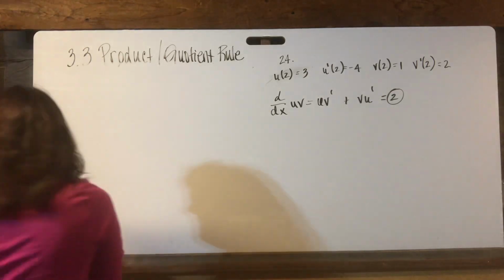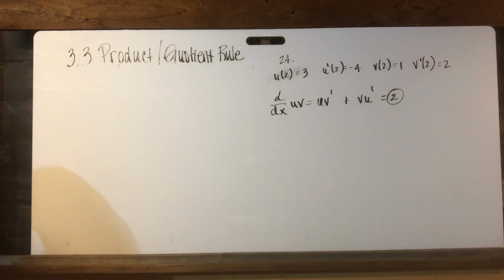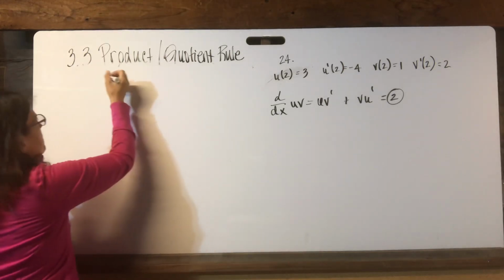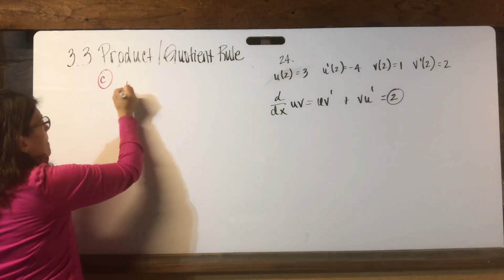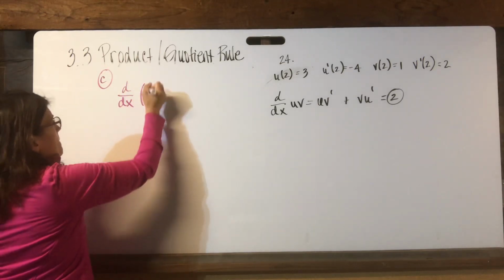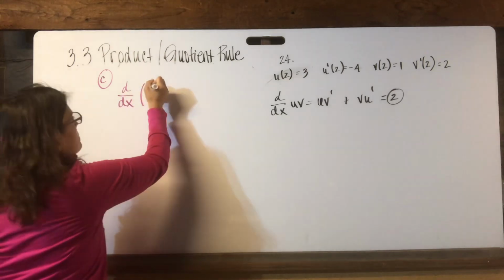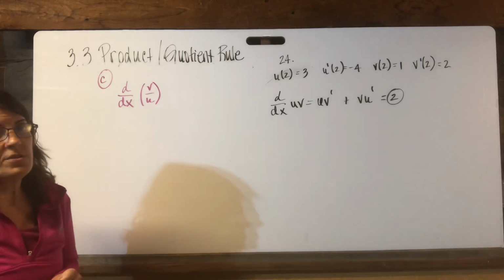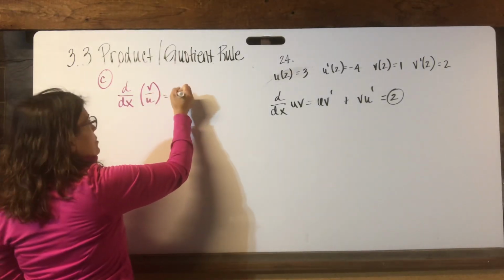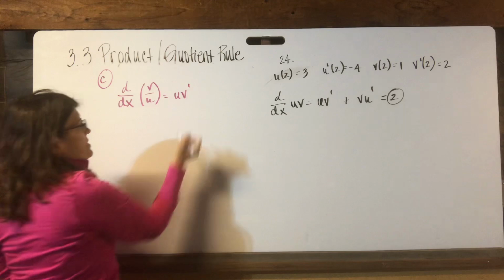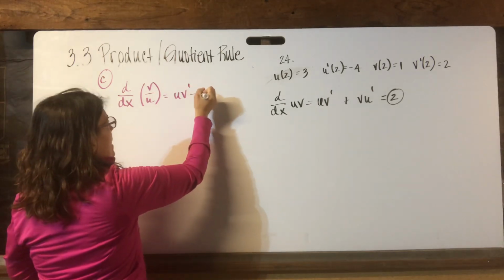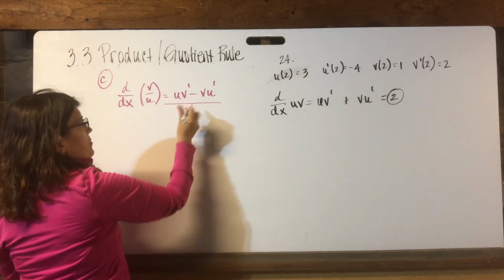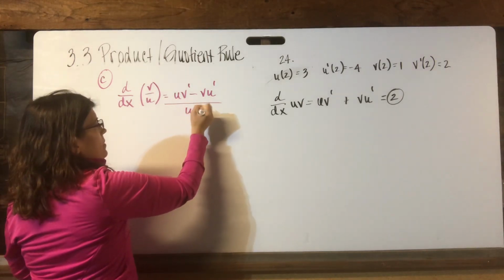Okay, part C asks you to find v over u. Okay, again, this is just plug-in. So this is going to be u times the derivative of v minus v times the derivative of u all over u squared.